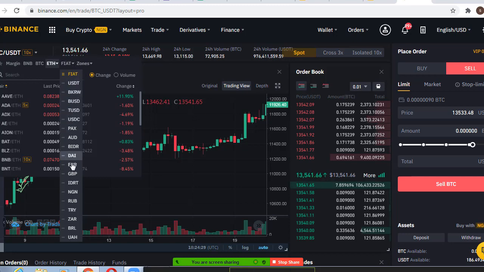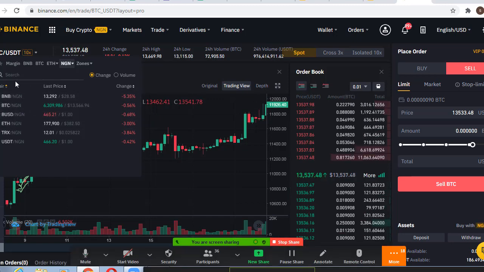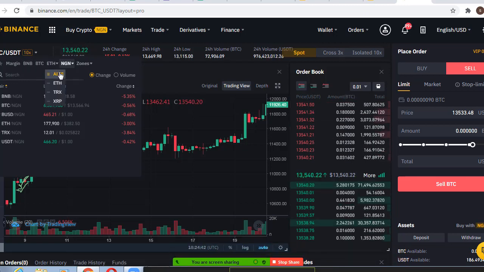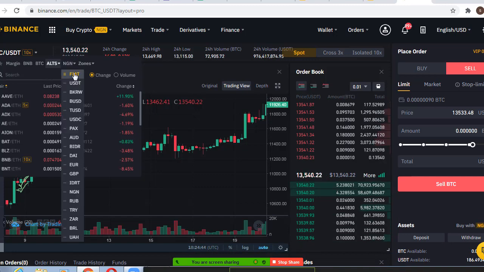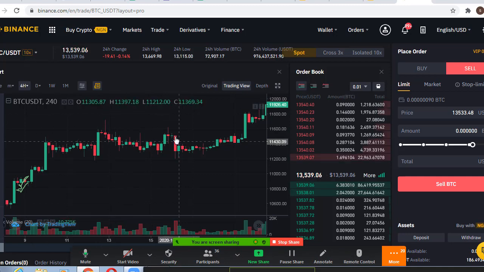In this case, I can choose Nigeria, and we see that everything here is Nigeria. So we have different types of market pairs: the BNB, BTC, alt, and fiat. These are the different markets that we have, and then the chart and the order box.